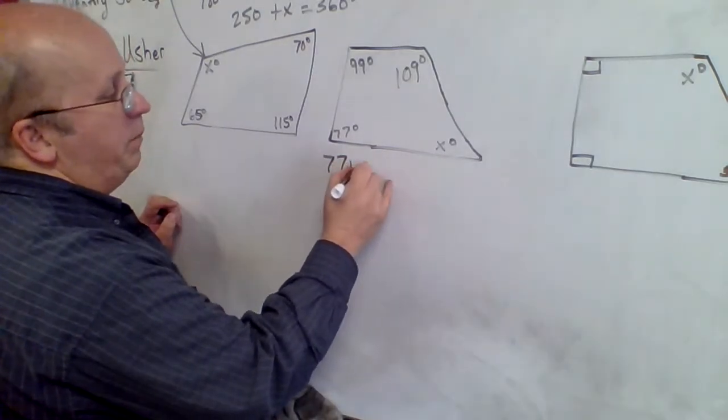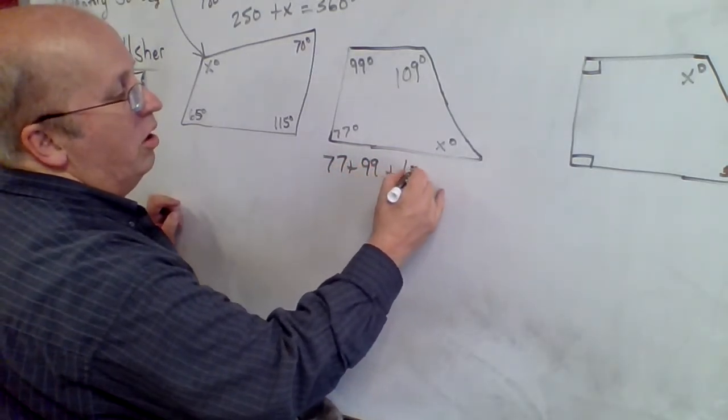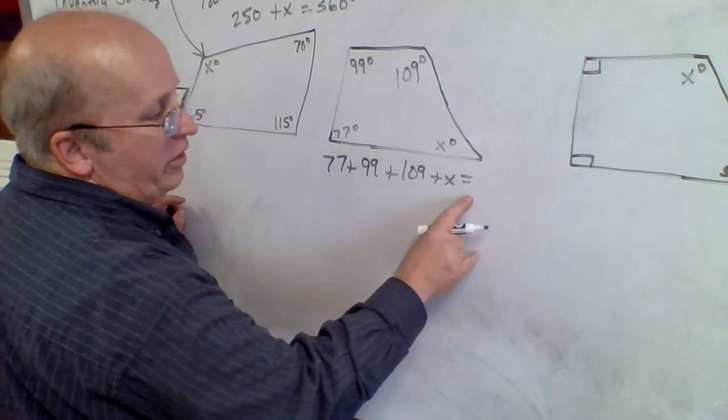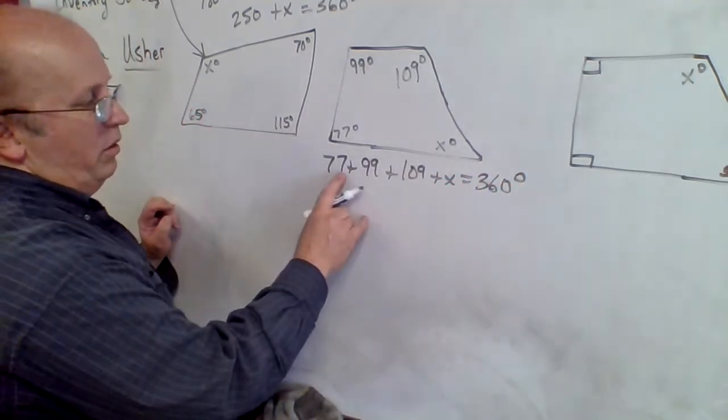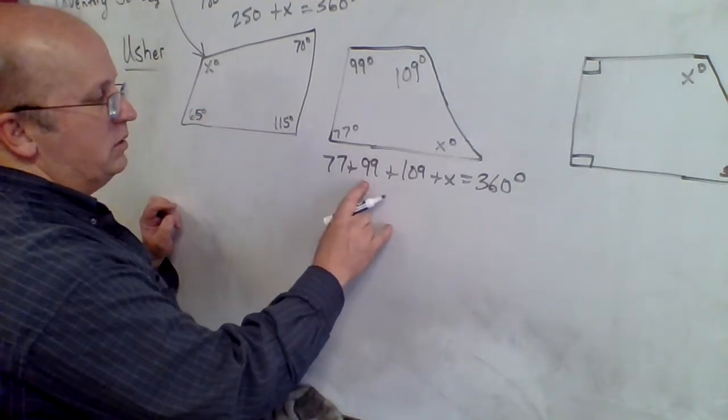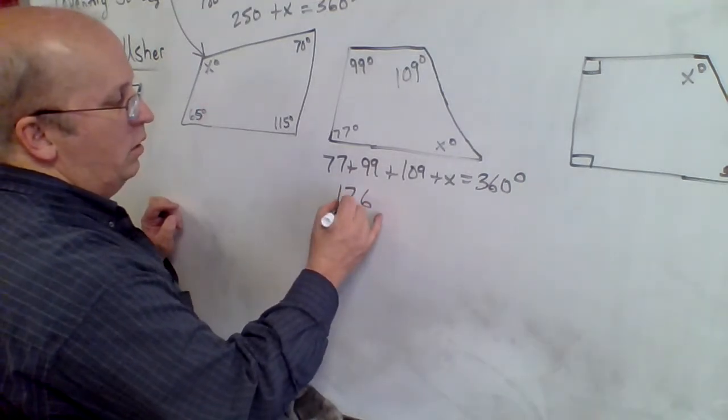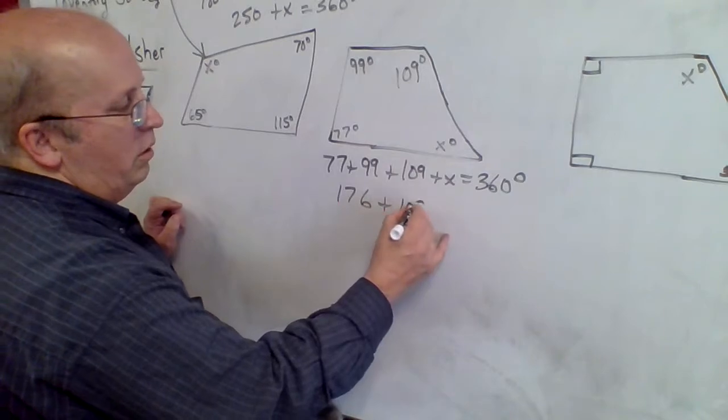We're going to add up all of the measures of the angles and make them equal to 360 degrees. These two added together make, let's see, 16 carry the 1, 176.